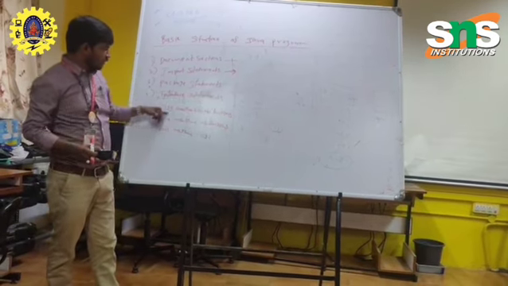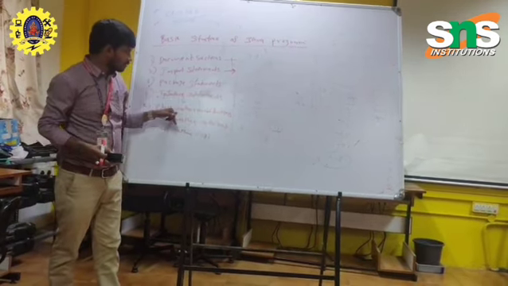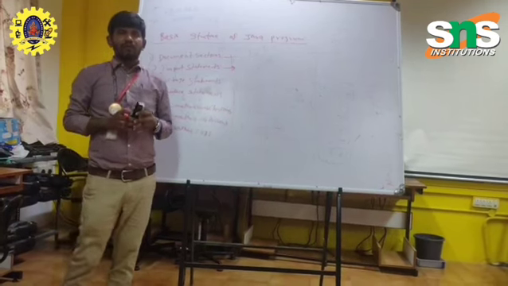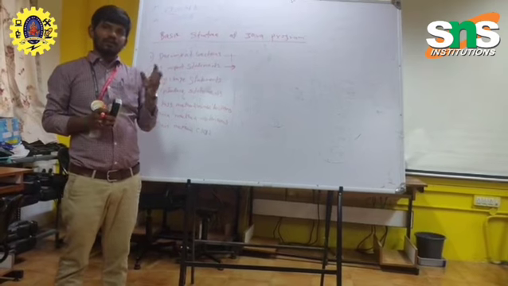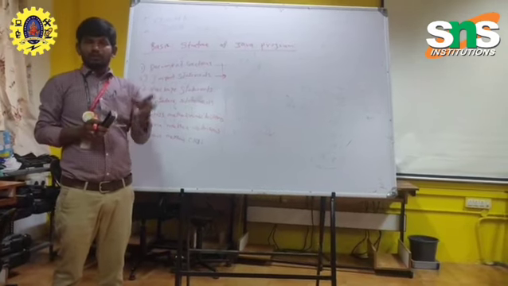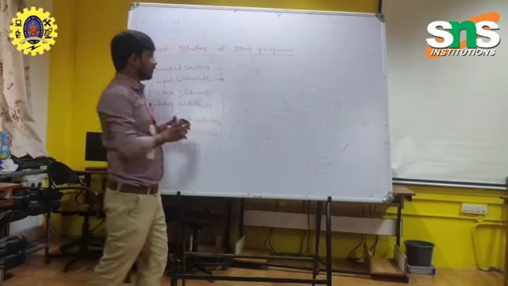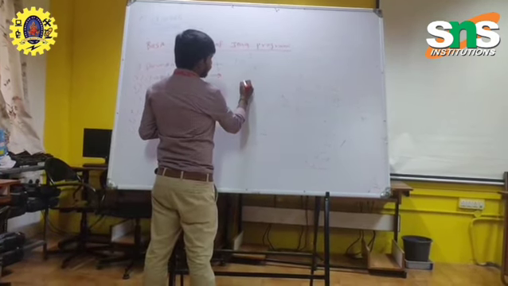Okay. So next one, class method definition. A class consists of a number of objects. It also consists of variables and methods. The class has one main method. For example, I create a class called student.